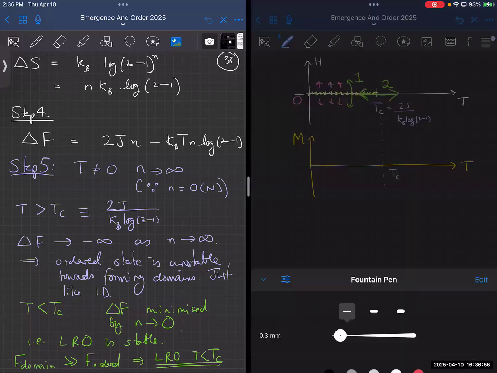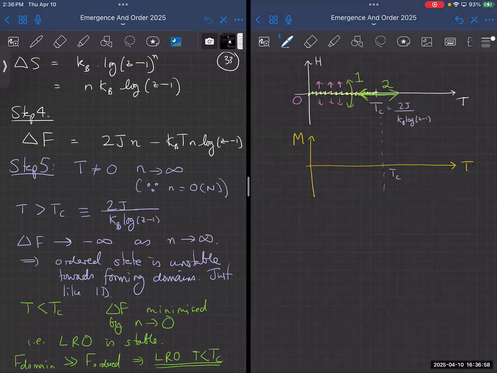So what we know is that the magnetization is 0 above here, but below here, the magnetization per spin can either be +1, coming in like this, or it could come in the other direction, like this. And this is true when there's no external magnetic field.